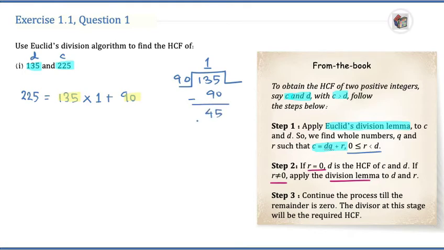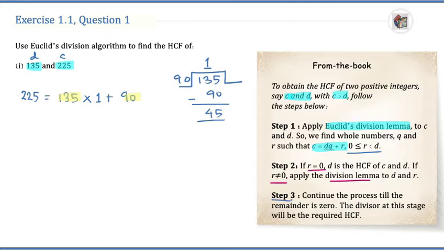When you subtract, it is 45. And again, you cannot divide any further because 45 is already less than 90. It does meet the condition. It is less than the divisor and greater than or equal to 0. Then you see again what happens at step 2. Step 2 was again, if R is 0, then D is the HCF, otherwise go on. And how do I know I still have to go on?